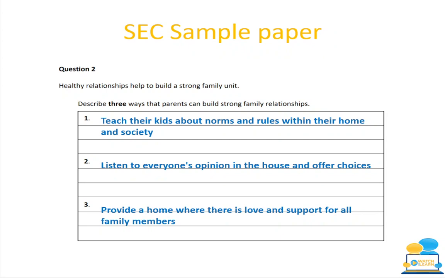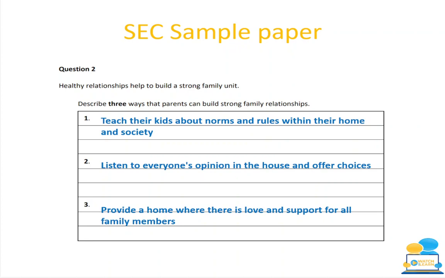Here is an example of an SEC sample paper. This is question 2, which means it is a short question. So this question here says, healthy relationships help to build a strong family unit. Describe 3 ways that parents can build strong family relationships. So for example, they teach your kids about norms and rules within their home and society.